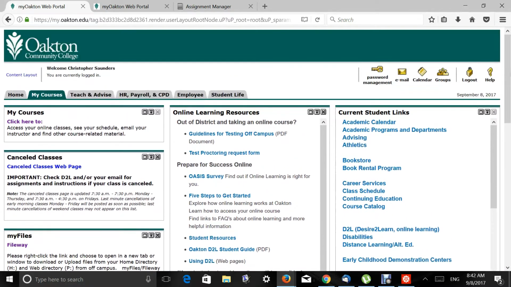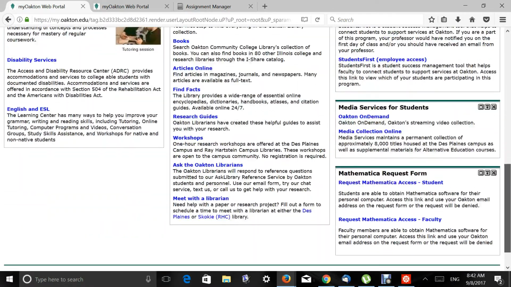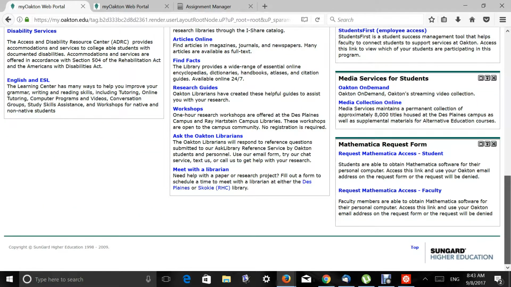And so the first thing to notice is that the way that you'll get access to Mathematica is to go to My Courses through My Oakton, scroll down to the bottom, and you'll see a Mathematica request form right over here. So as a student, you'll just go into this, follow the link, follow the directions, and it will give you access to download Mathematica and then use it for the remainder of the semester in all of your courses.